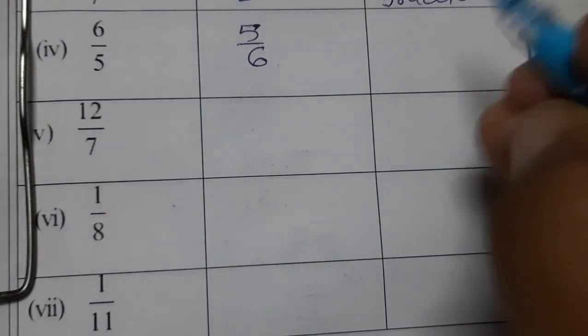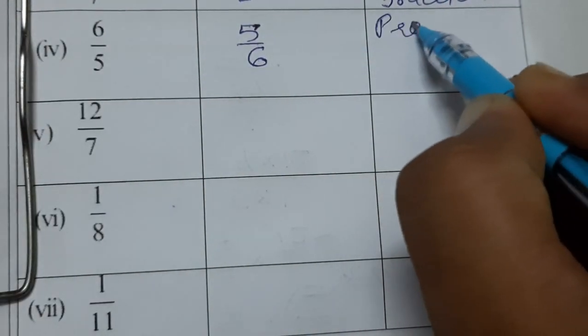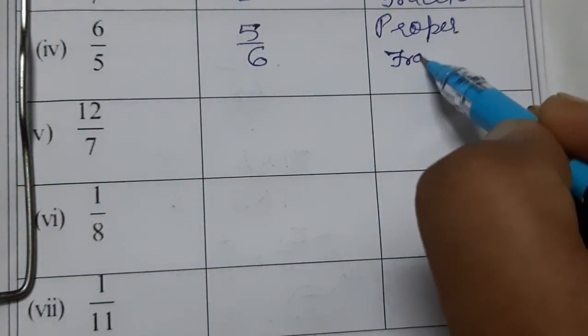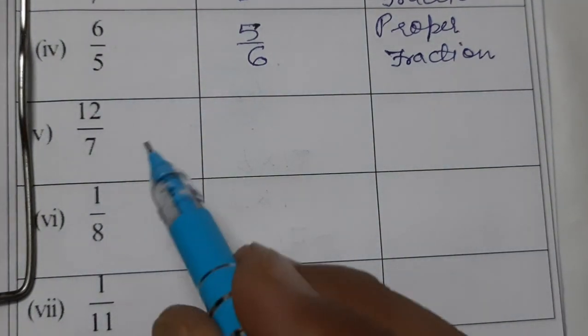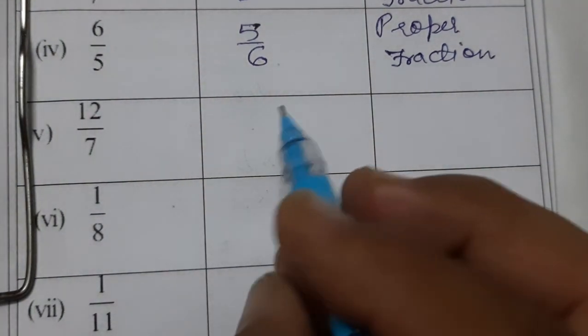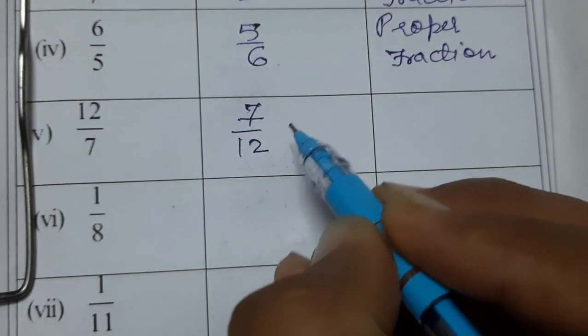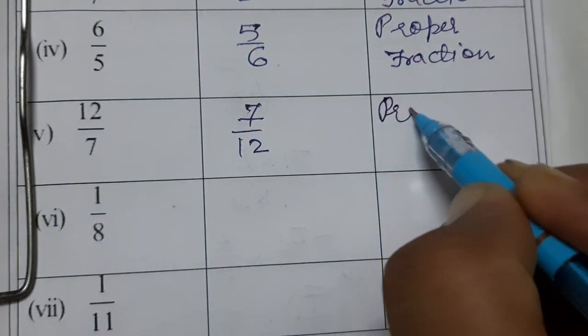So, 5 by 6 again, numerator is smaller, so proper fraction. Next one, 12 by 7. What is reciprocal of 12 by 7? 7 by 12. So again it is proper because numerator is smaller than denominator, proper fraction.